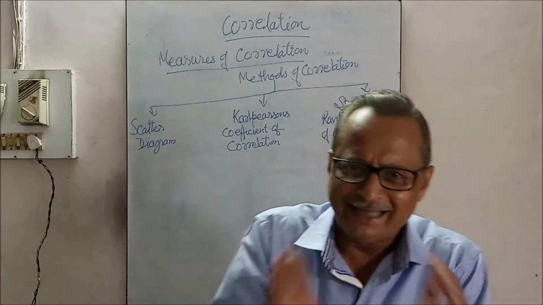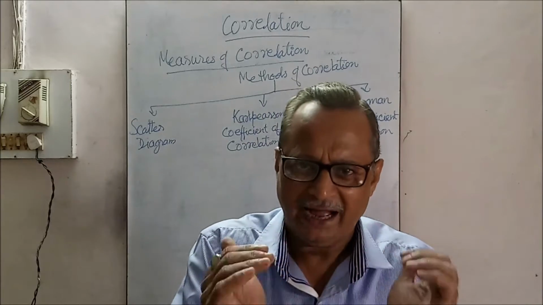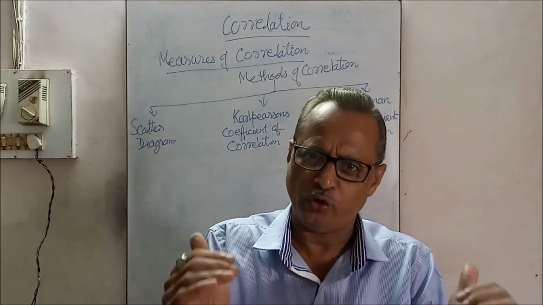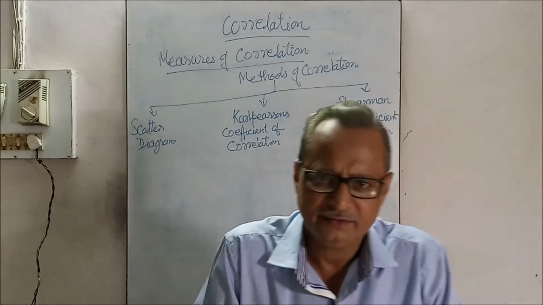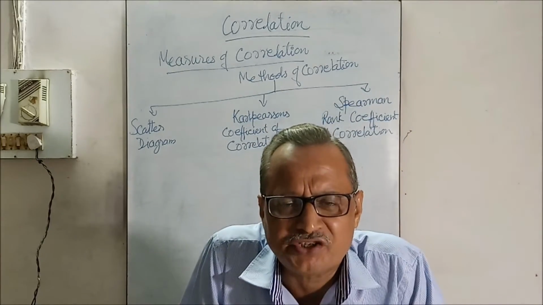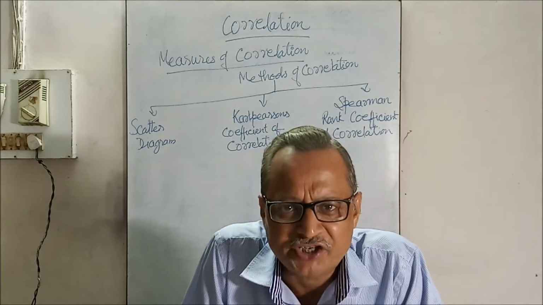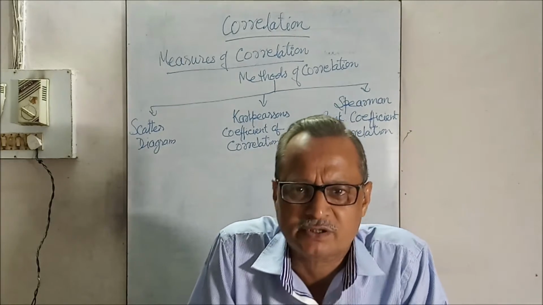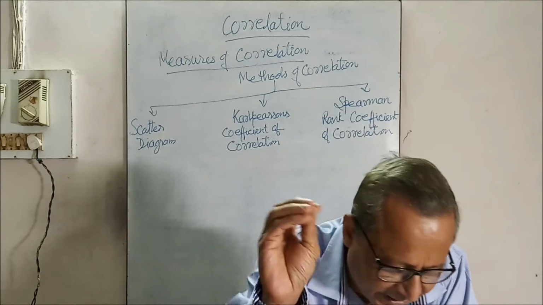So what is the extent of relationship between these two variables? We have to analyze this under correlation analysis. In correlation analysis, we measure the extent of relationship between the two variables, and that extent of relationship is presented as a degree.